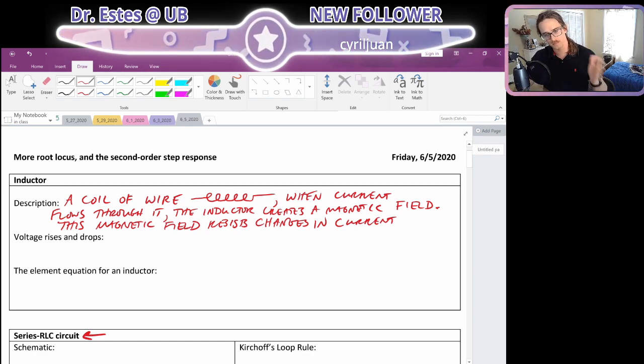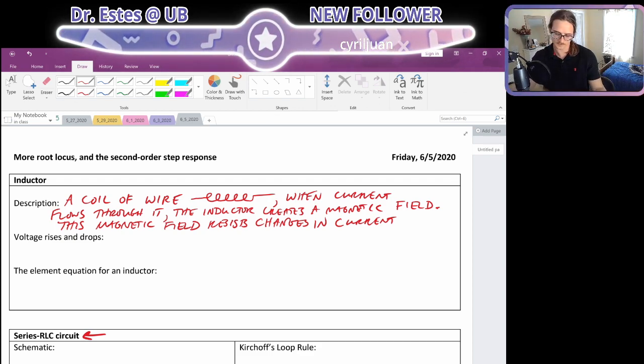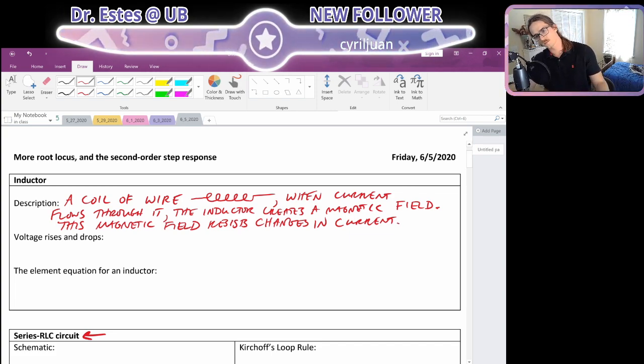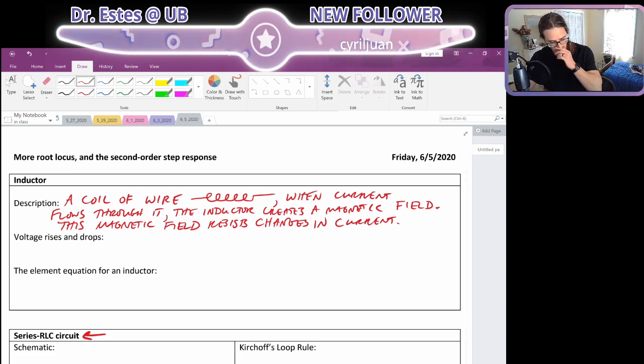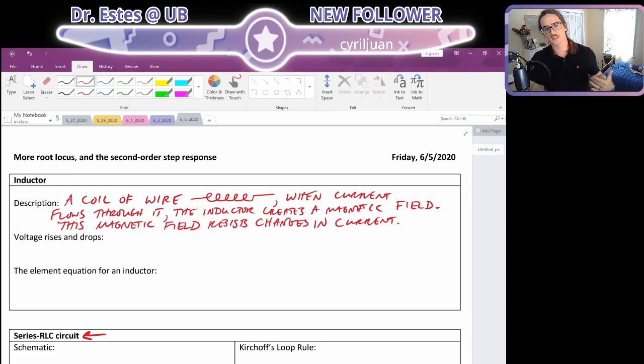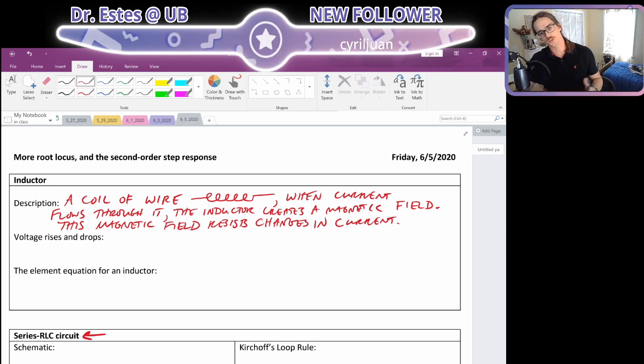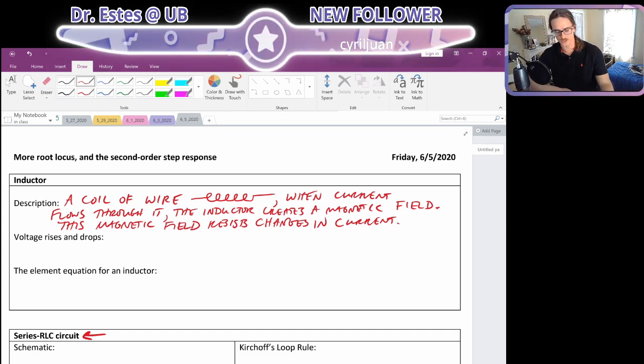Say you have a milliamp of current just flowing through this circuit. An inductor is going to resist any change in that electrical current. So it's going to take extra energy injected into the system if you want to adjust that current.